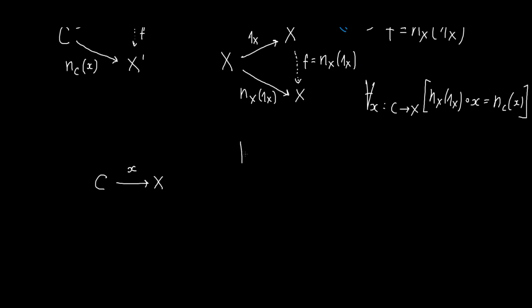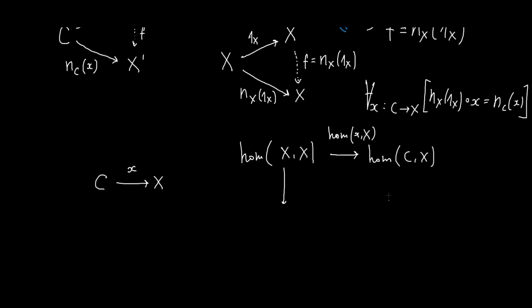Then by applying the hom dash X functor, we get a map from hom XX to hom CX. This is the application of the hom dash X functor to the morphism X. What does it do? It maps every morphism here to the composite of that morphism with X.